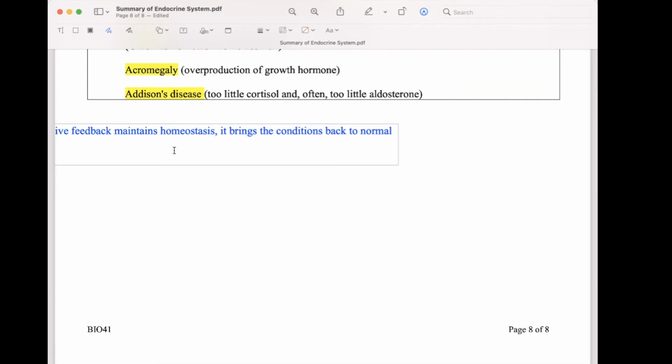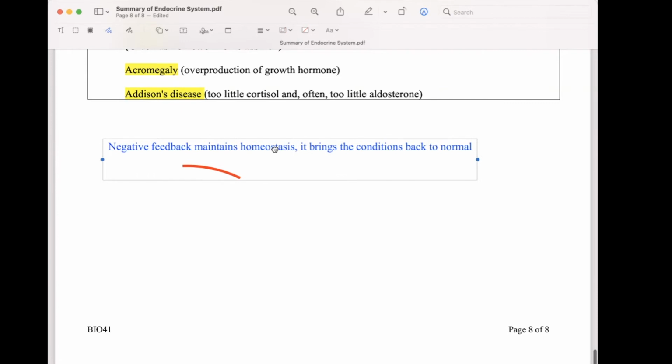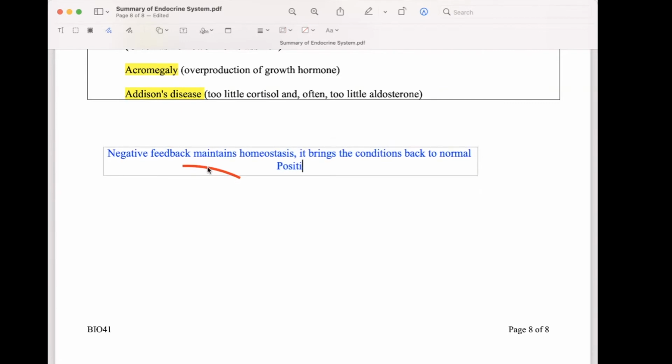But what about positive feedback? Positive feedback takes the conditions away from normal. It doesn't bring it back to normal.